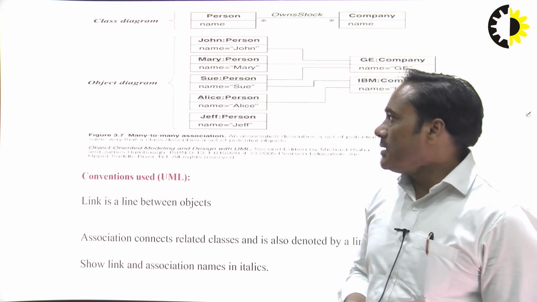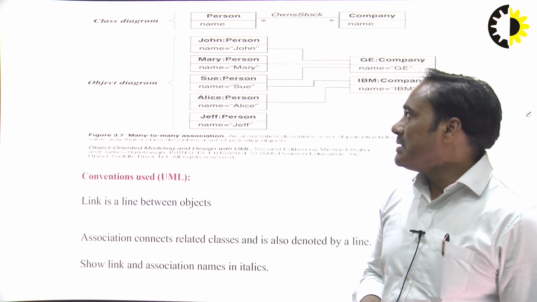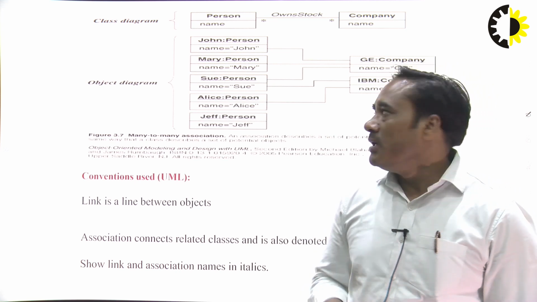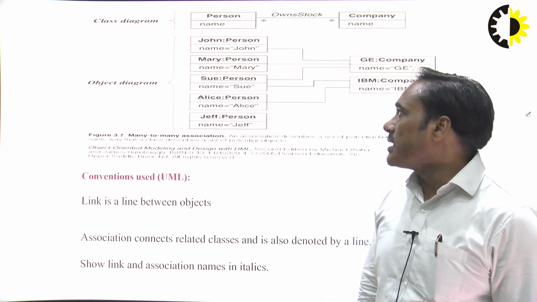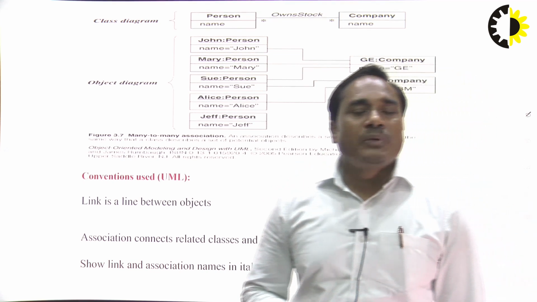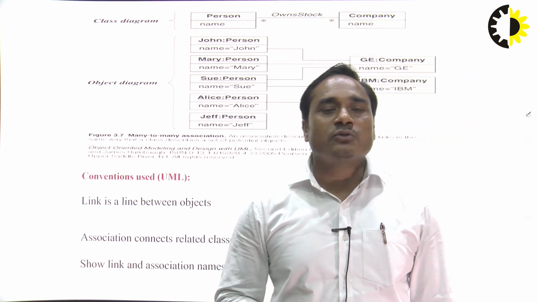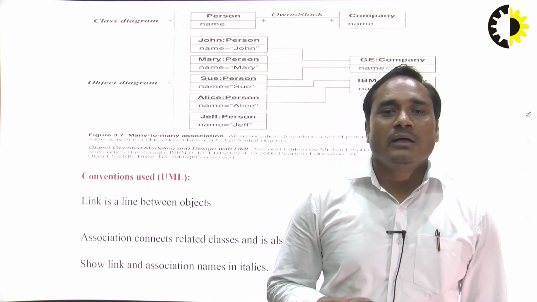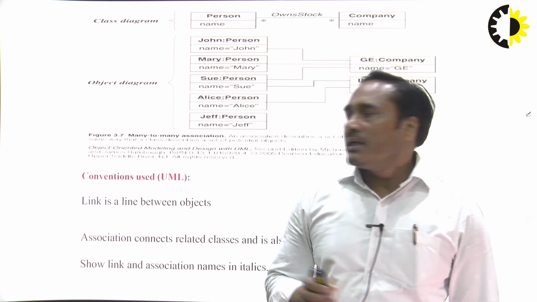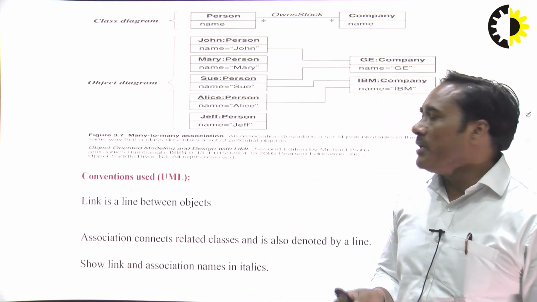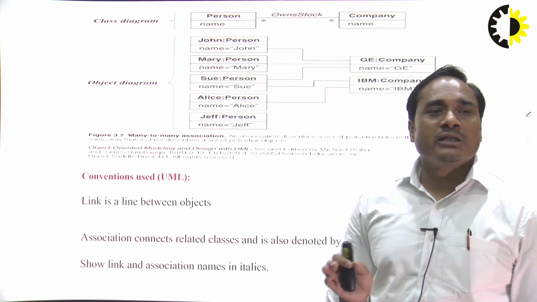By the diagram you can see how link and association are performed. In the first diagram, the class diagram, a person is associated with the company. That shows the many to many relationship, and that diagram shows the association. In the second diagram, the object diagram, a person is associated with a company.